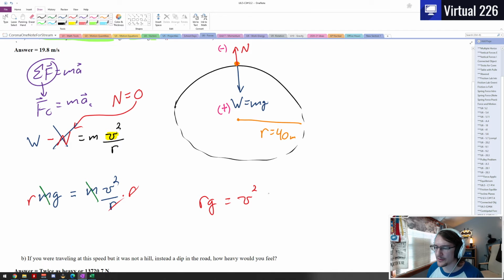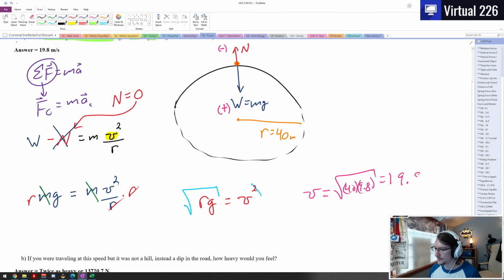Then we take the square root of each side, which gives us velocity equals the square root of 40 times 9.8. 40 times 9.8 gives us 392, and then we take the square root of it, which gives about 19.8 meters per second. It's a speed, so it's just meters per second.